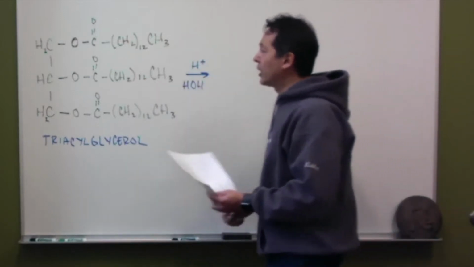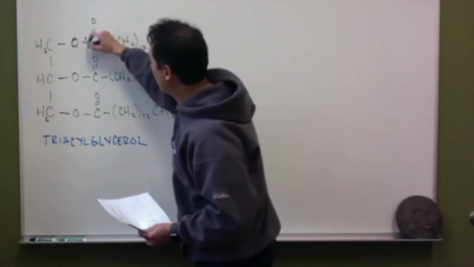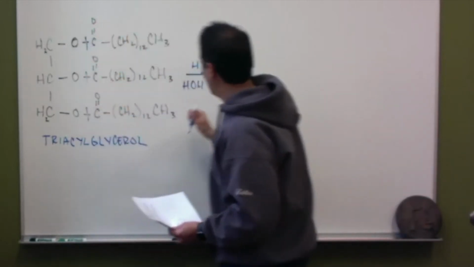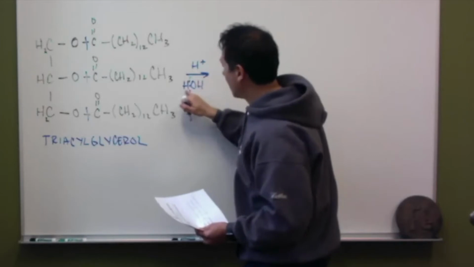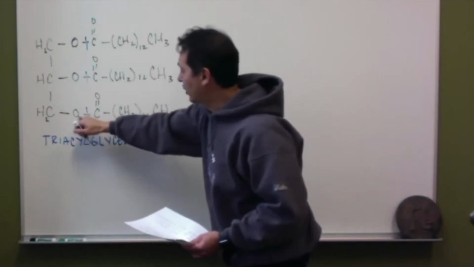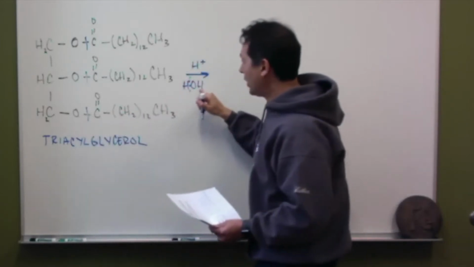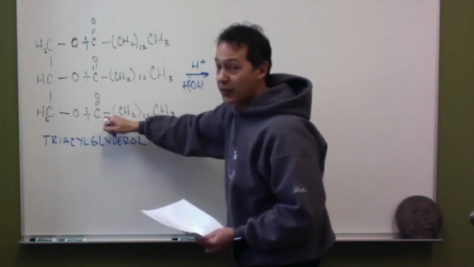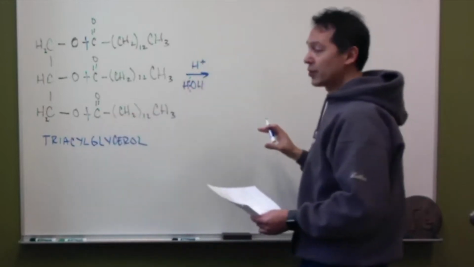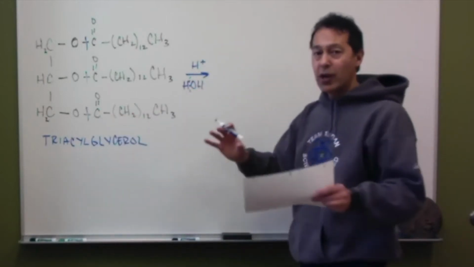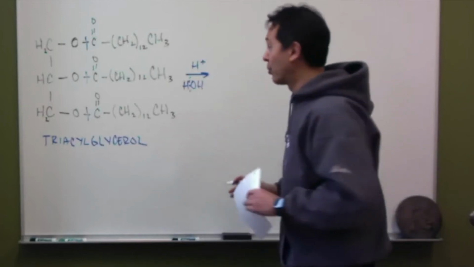And where we're going to split it is right here, and we're going to add a hydrogen to one side over here onto the glycerol side, and then the OH comes over here on this side. So I'm going to redraw this and show what it looks like when the water molecules have been used to split this apart.